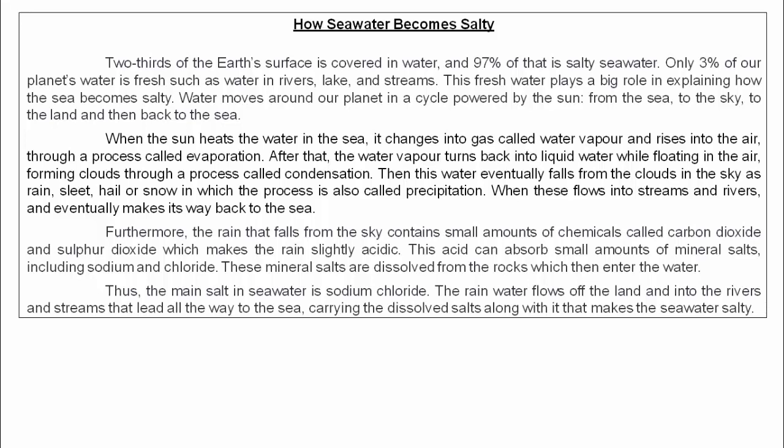Thus, the main salt in seawater is sodium chloride. The rainwater flows off the land and into the rivers and streams that lead all the way to the sea, carrying the dissolved salts along with it that makes the seawater salty.